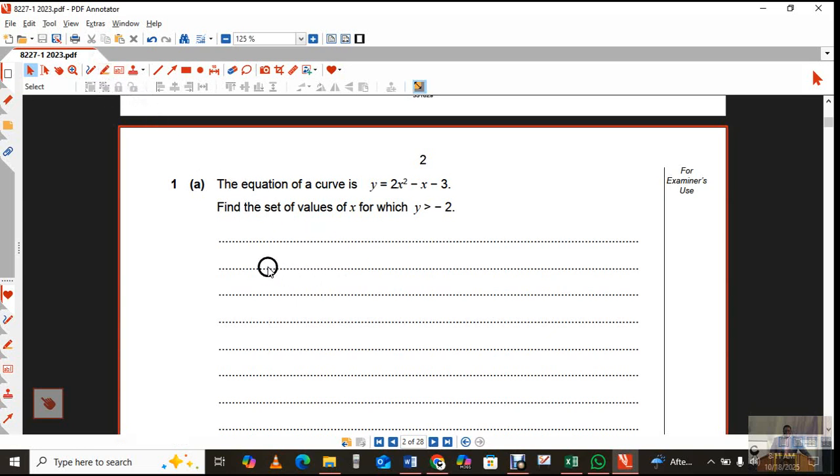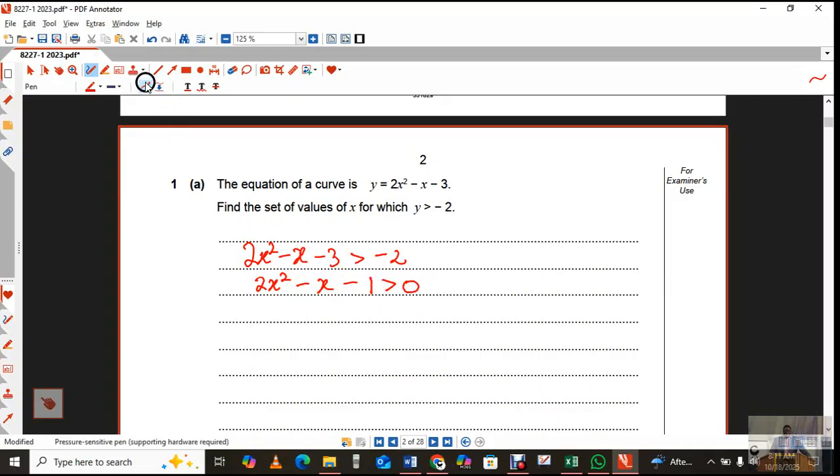So they are saying that 2x squared minus x minus 3 should be greater than negative 2. Essentially, this leads to a quadratic inequality. Bringing that negative 2 over, adding 2 on both sides, gives you 2x squared minus x minus 1 greater than 0.